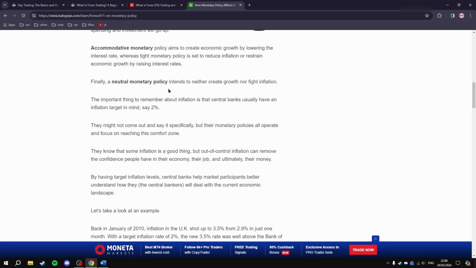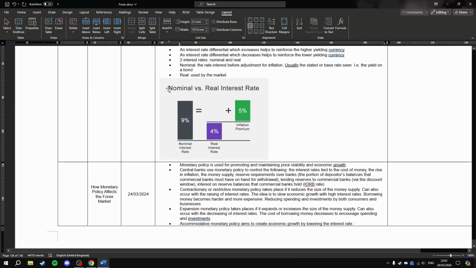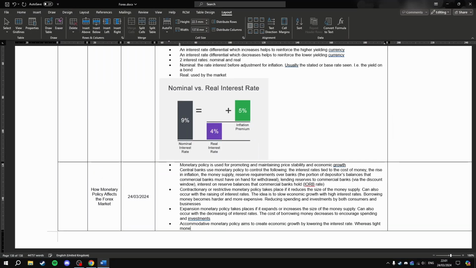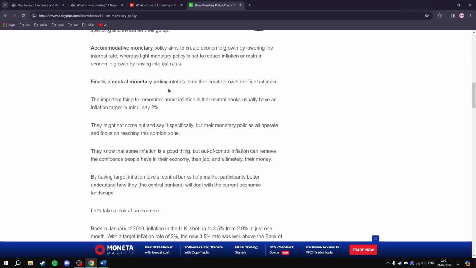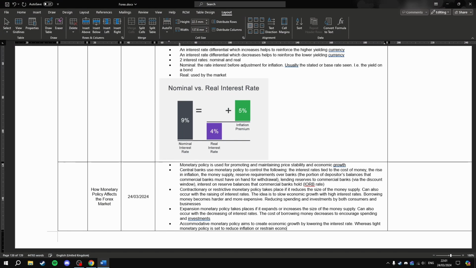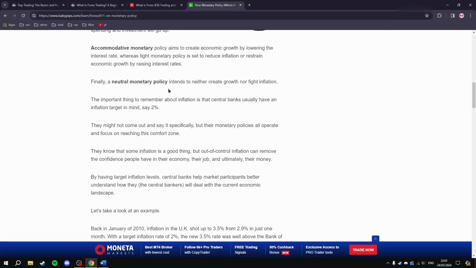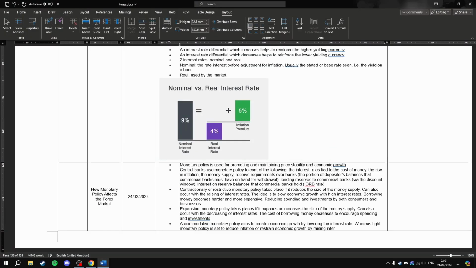Whereas tight monetary policy is set to reduce inflation or restrain economic growth by raising interest rates.